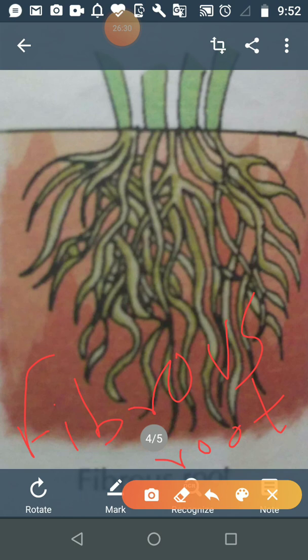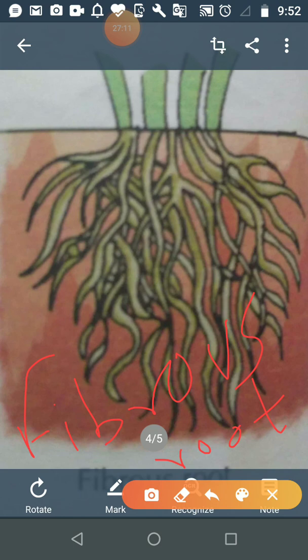At that time your teacher told you about a balanced diet, the diet which contains all the nutrients in the right amount.